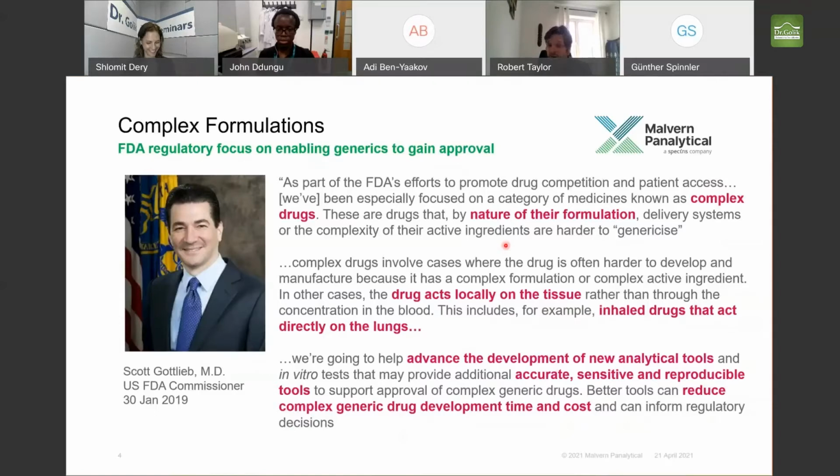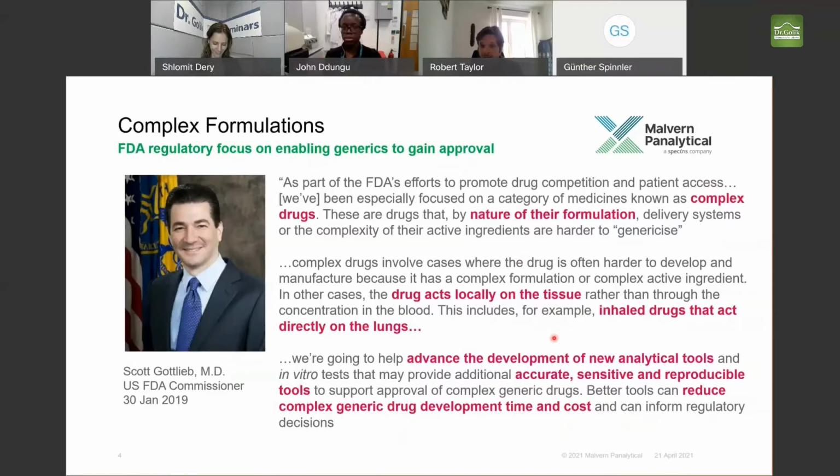So making generics of these things is quite difficult, and part of that is because they act locally. This locally acting feature means it's difficult to quantify and qualify how well these products are performing, and therefore getting your product through the regulator and determining that it is in fact bioequivalent is one of the challenges here.